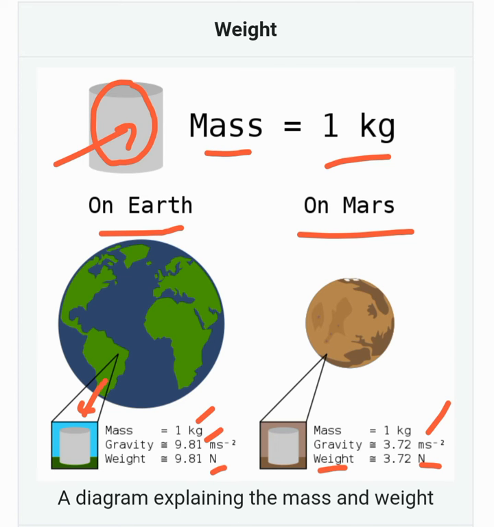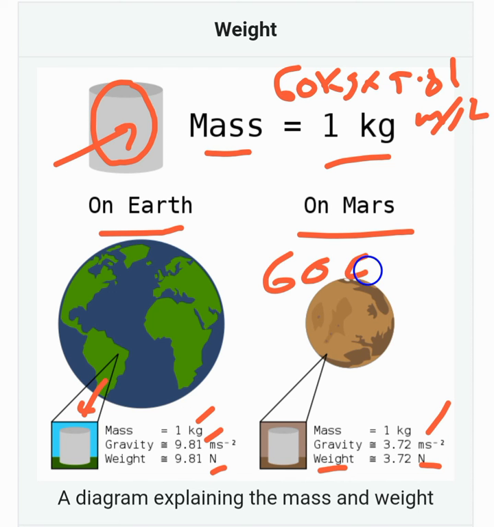So I have to calculate it like this: 60 kg multiplied by 9.81 meters per second square, so it would be about 600 Newton. That would be the force or the weight that I will calculate.